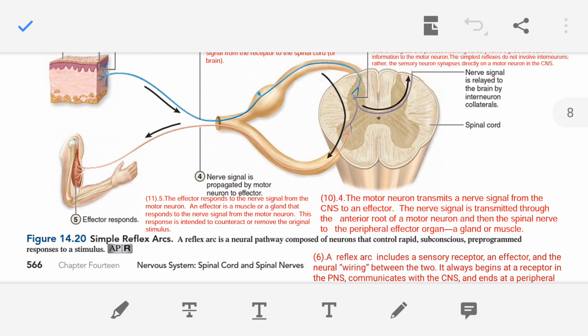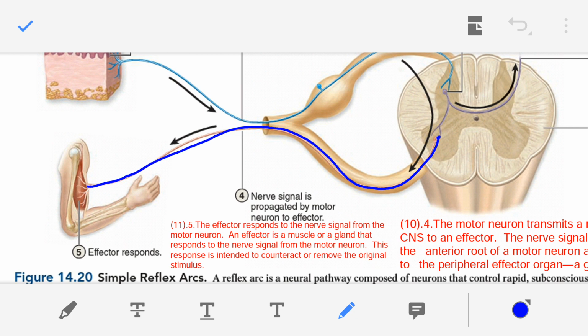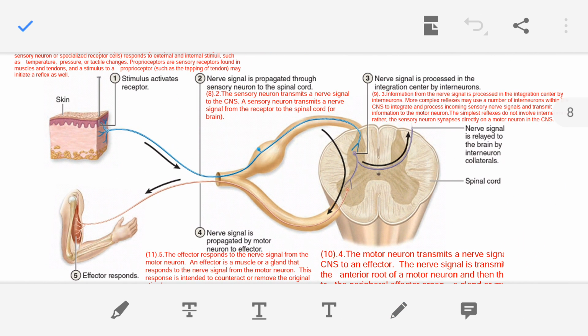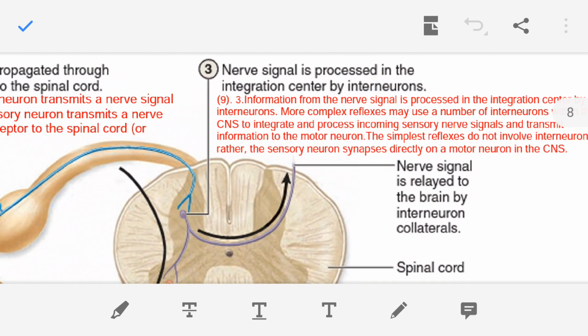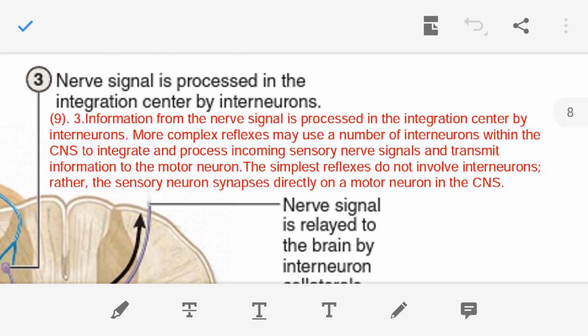So that nerve impulse propagates via the motor neuron, and finally reaches your effector organ, the muscle, and you are removing your hand from that iron nail.